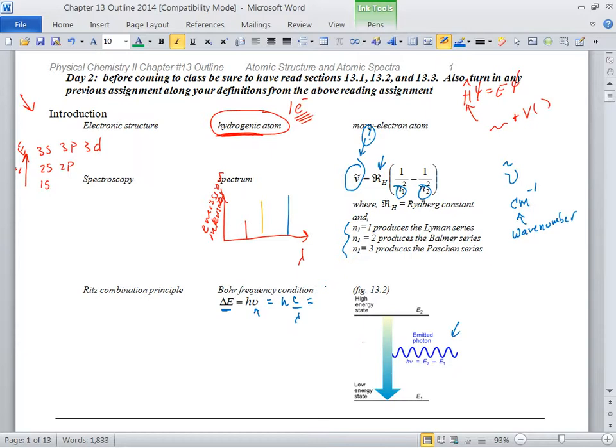Perfect. So how can we get wave number in here then? It would be what times what times what? h times c times 1 over lambda, but 1 over lambda is wave number. So delta E is hc times wave number.